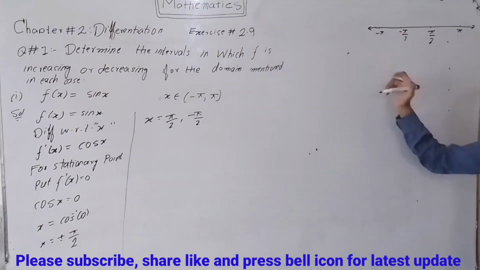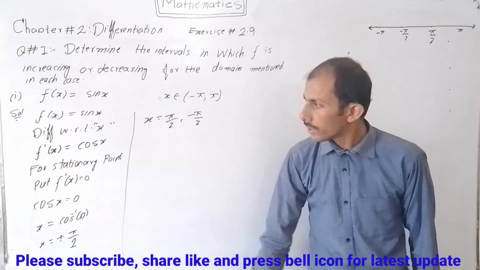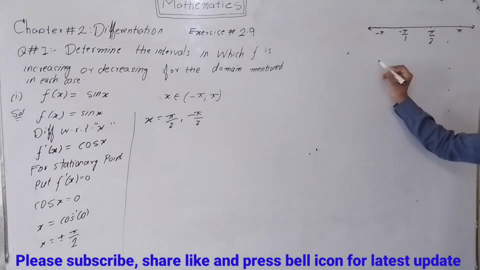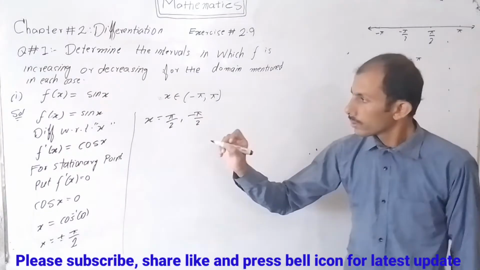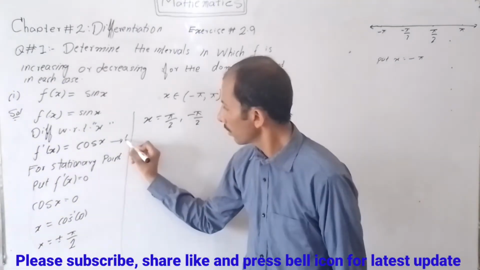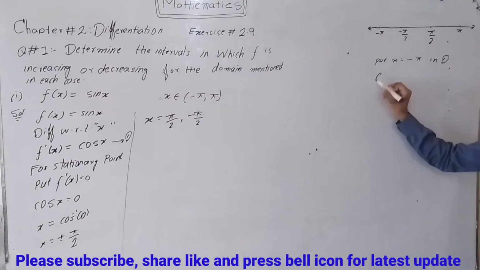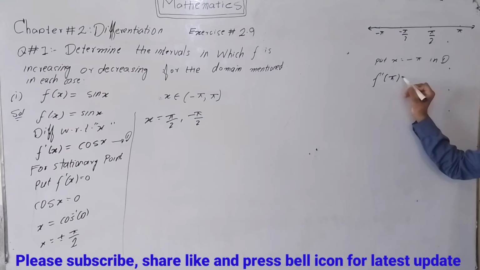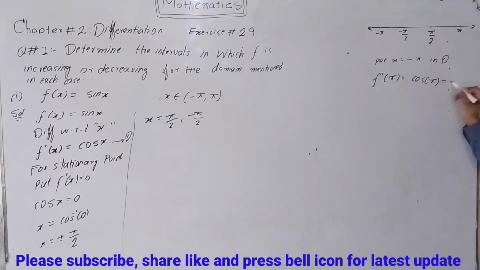So if we put x is equal to minus pi in the first derivative f prime of x, f prime of minus pi is equal to cos of pi, which is equal to minus 1, that is negative.